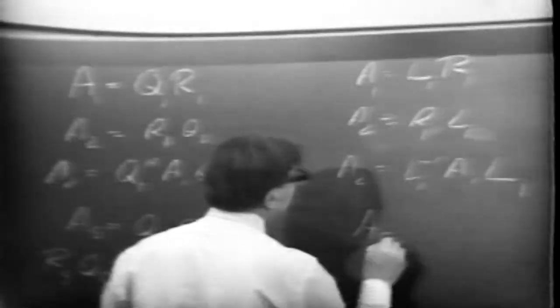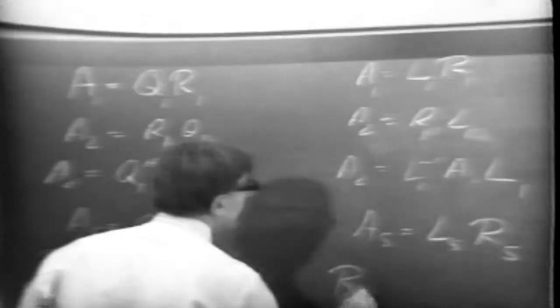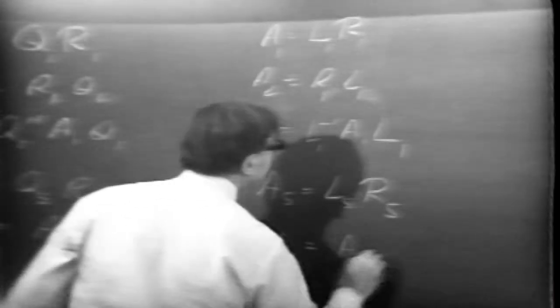Well, we can form a sequence of matrices where, in general, AS is QS RS, and RS QS is AS plus 1. And similarly here, we have that AS equals LS RS, RS LS equals AS plus 1.